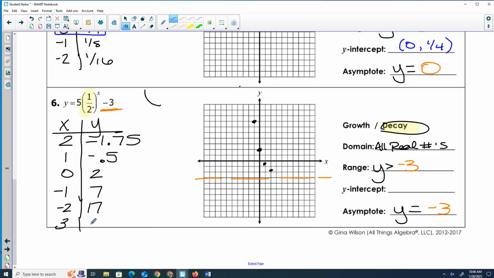And that would get us closer, but we already know it's -3 because of the equation. And so our graph should look like this. You get closer to that line, but you don't ever cross it.